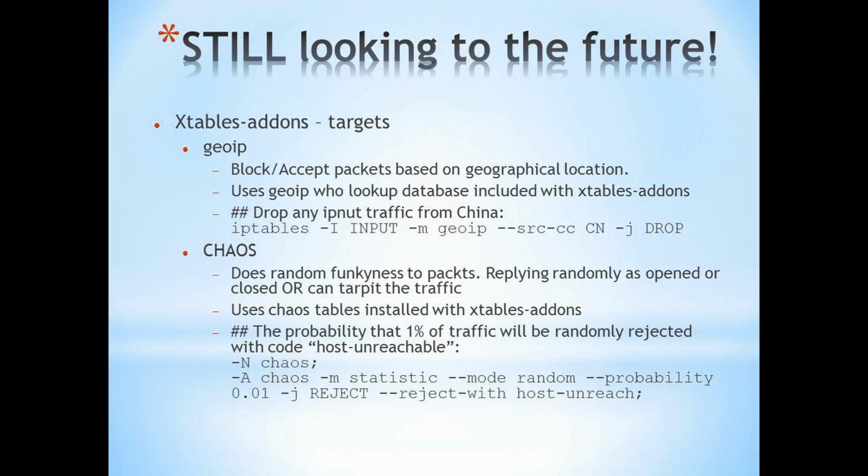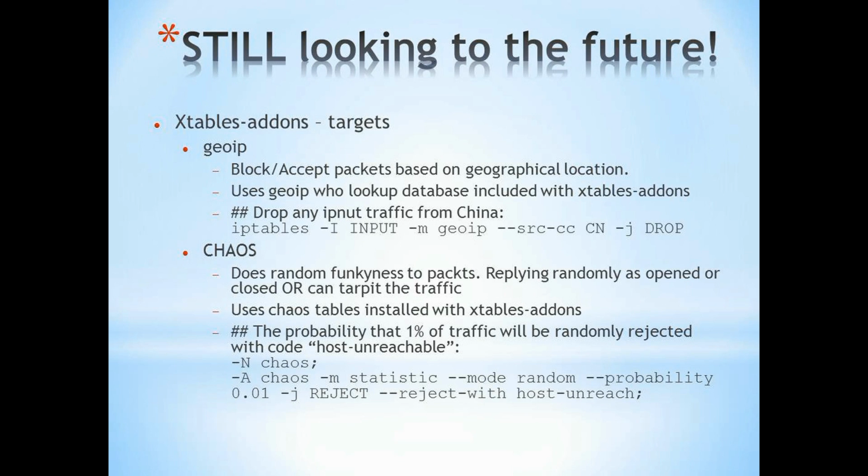Because you could do some profiling based off of return codes and ICMP echo and stuff like that. So this will accept 2 or 3 TCP packets, and then it'll just decide to drop one with a host unavailable or anything like that. And that's what this one right here does.